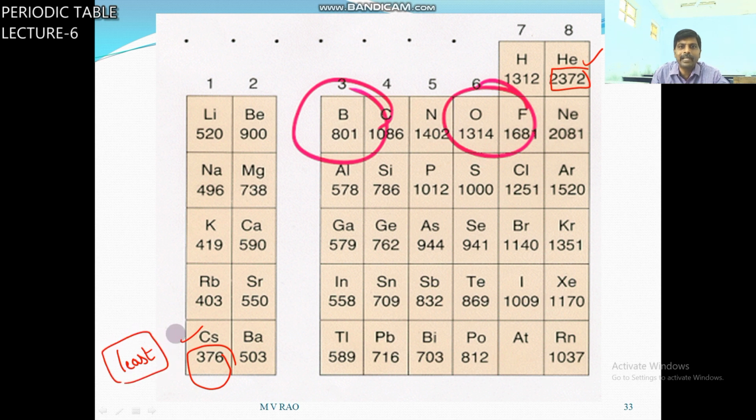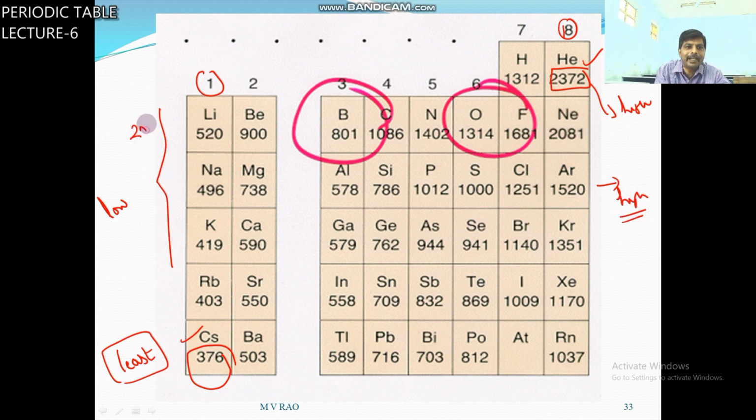Which group has low IP values? Alkali metals, group 1. Group 18 has high IP values.